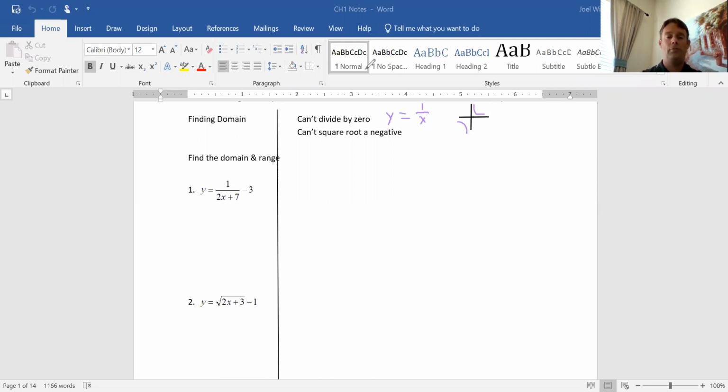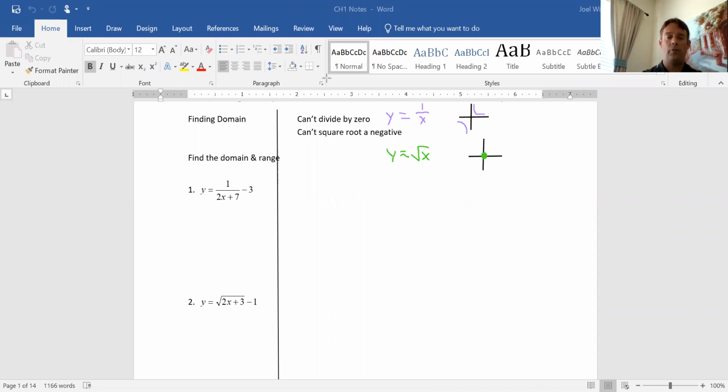Can't square root a negative. So where this one comes into play is this function, y equals the square root of x. We'd say when we're dealing with the domain on this graph, first of all, let's just get a gist of what it looks like. This one had a starting point at the point 0, 0.